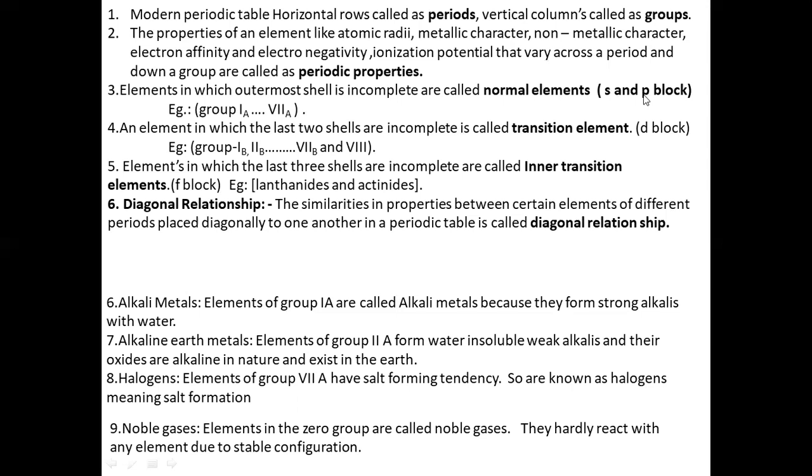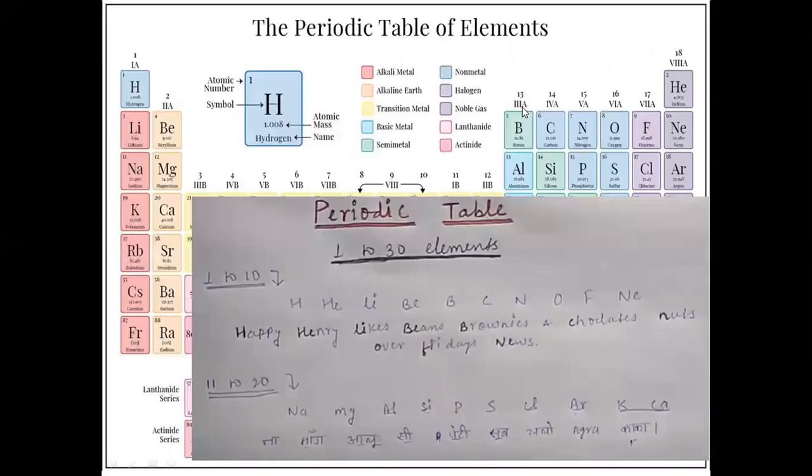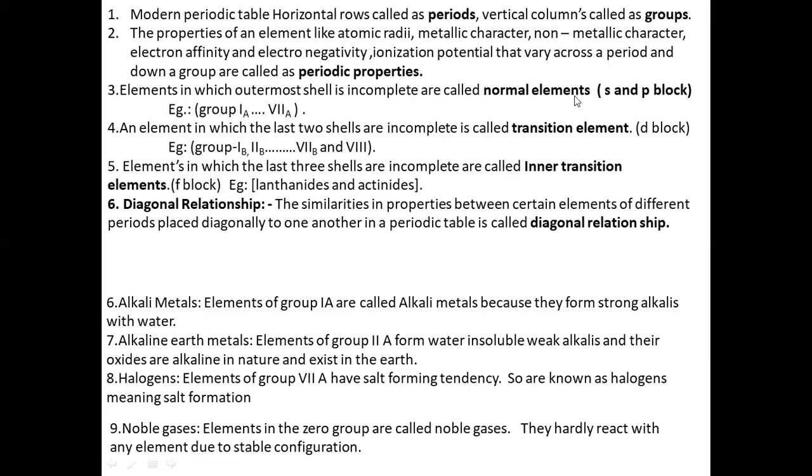I'll explain S and P block later. 1A and 2A have an S shell, and these others have a P shell. So they are known as S block elements or P block elements: 1A and 2A for S block, 3A to 7A for P block elements. They are known as normal elements.